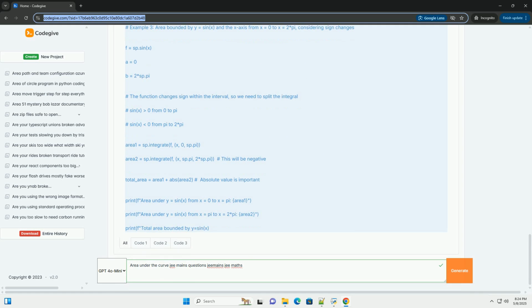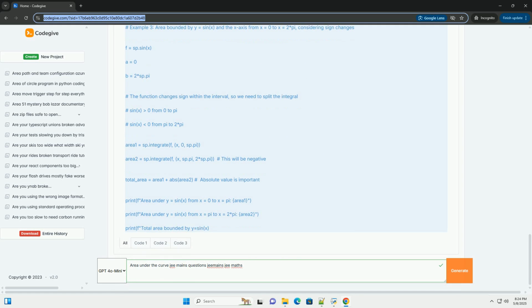3. Area between two curves. If f(x) ≥ g(x) for all x in [a, b], the area between the curves y = f(x) and y = g(x) from x = a to x = b is given by ∫ from a to b of (f(x) - g(x)) dx.